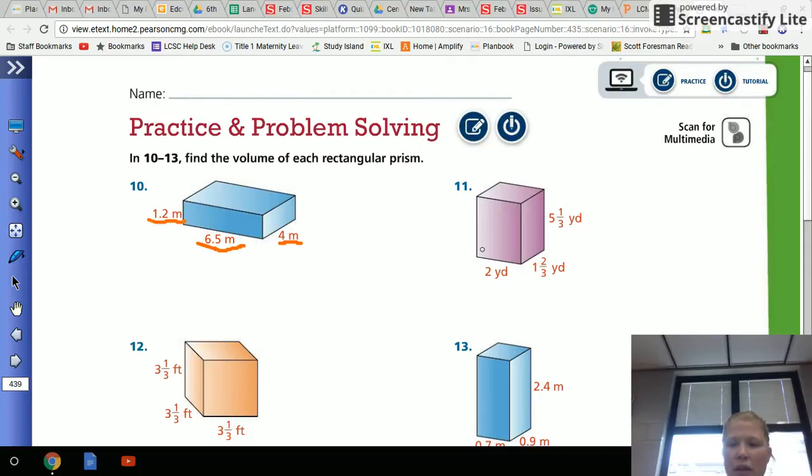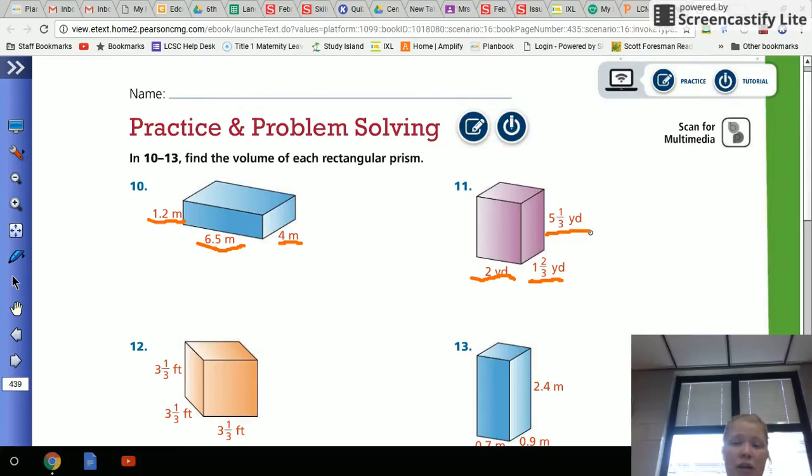Number 11, you would have taken 2. That's the length. That's the longer side of the base there. 2 times 1 2/3. And then take your product, which was about 3.2. I'm not multiplying the fractions here.